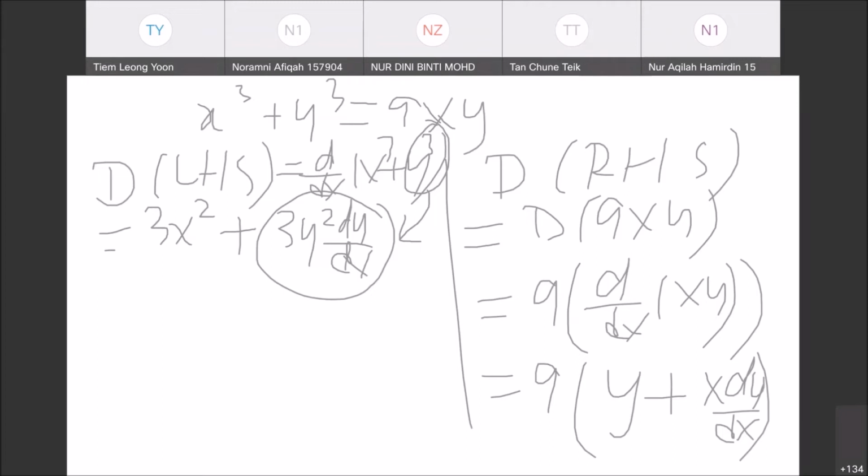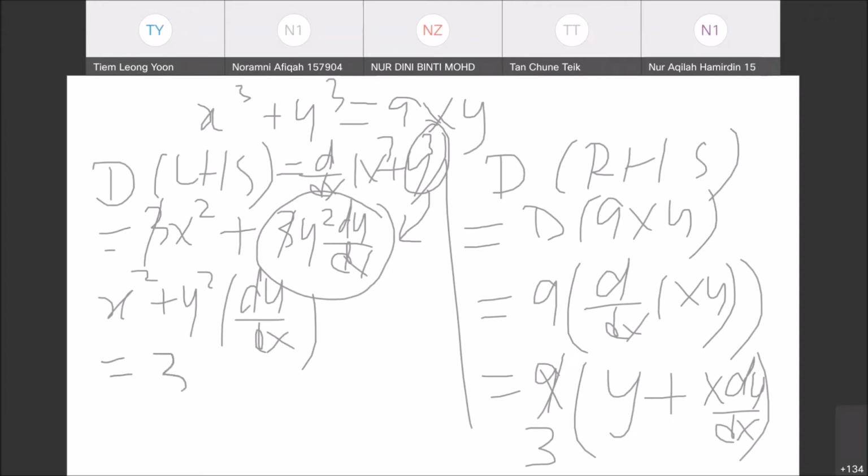Okay, so I'm almost done. I have the left hand side equals 3x squared plus 3y squared dy dx. On the right hand side I have 9, so the factor of 9 can be factored out with a 3. So I have x squared plus y squared dy dx on the left hand side, equals the right hand side, 3 times y plus x dy dx.